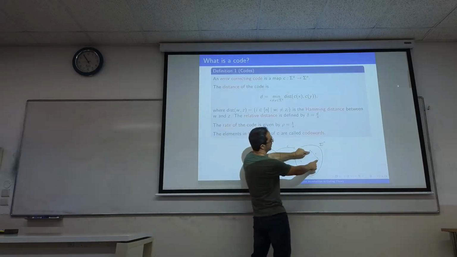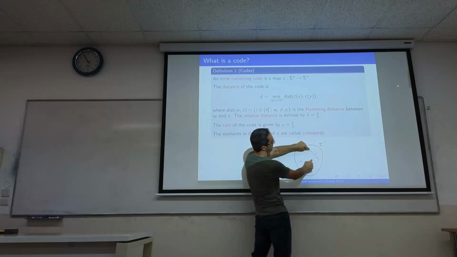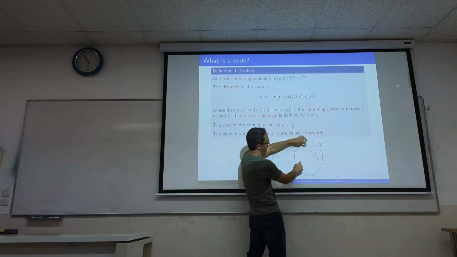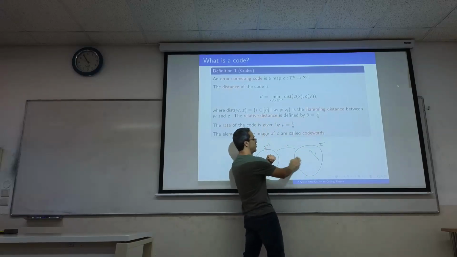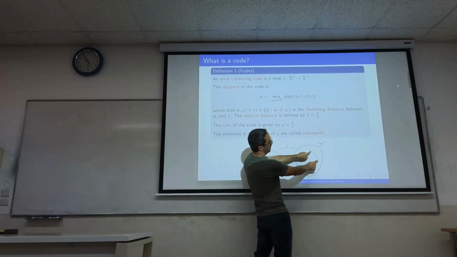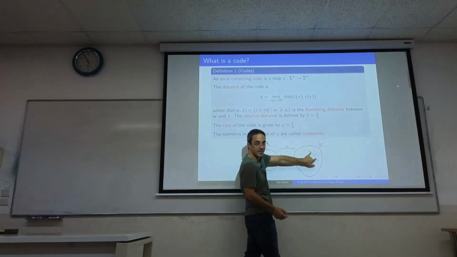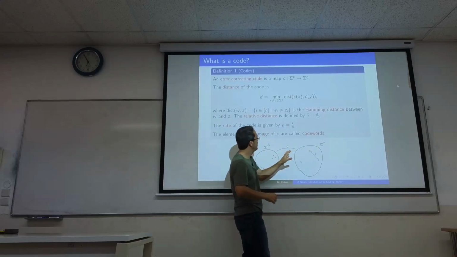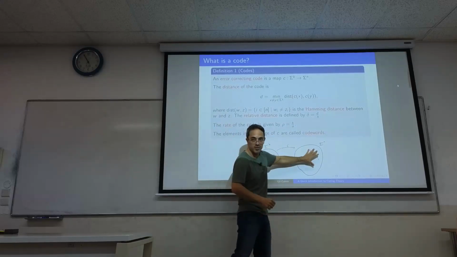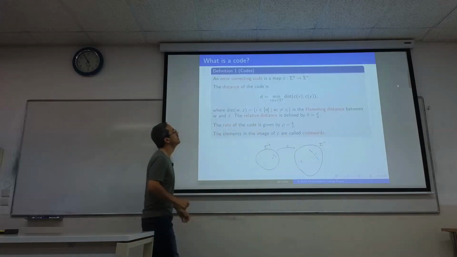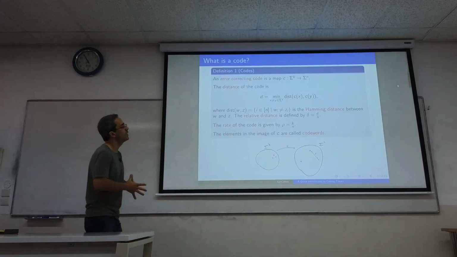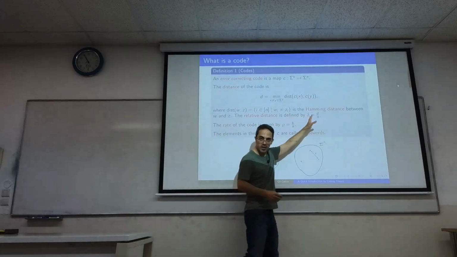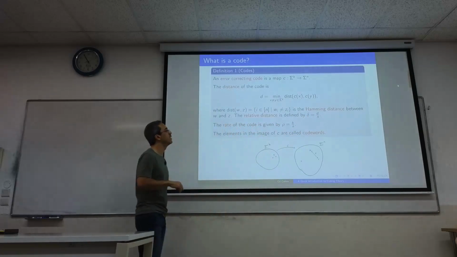And what the distance is, if you look at the image, maybe this red got here and this blue got here, you look at the two closest image points or code words, and that's the distance. And what you really want is to have a large distance. You want C to spread these things as much as it can. And this distance is called the Hamming distance, by the way, the number of disagreements in terms of strings.